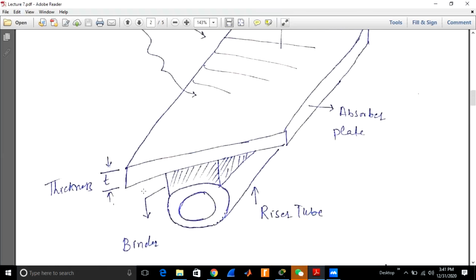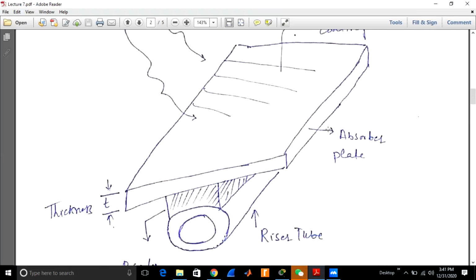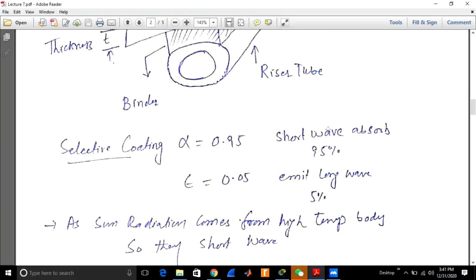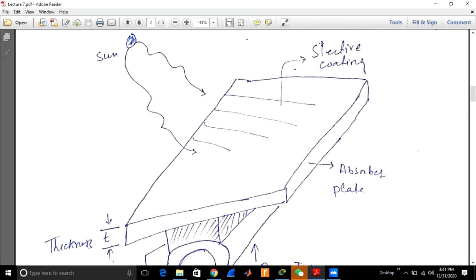So let's start with the function of each layer. The first layer is called selective coating. And what is meant by selective coating? When the rays come from the sun to the surface, they will be absorbed by the absorber.